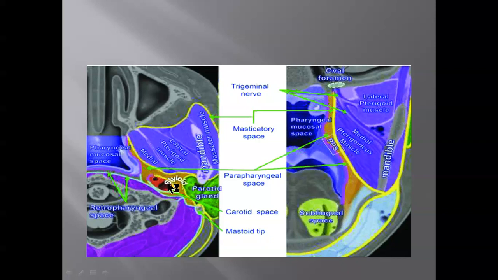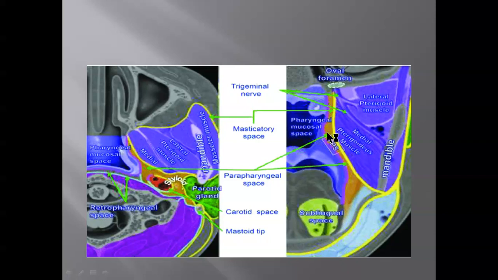Internal carotid artery, once it passes the styloid process, its location is medial to it, medial to the parapharyngeal space, and medial to the medial pterygoid muscle. So for anatomical purposes, internal carotid artery is medial to the medial pterygoid muscle and the styloid process.